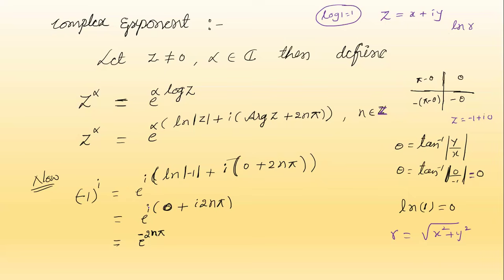Now, i0 is also 0 plus i2nπ. We know that i into i is equal to i square is equal to minus 1. This becomes e raised to minus 2nπ.